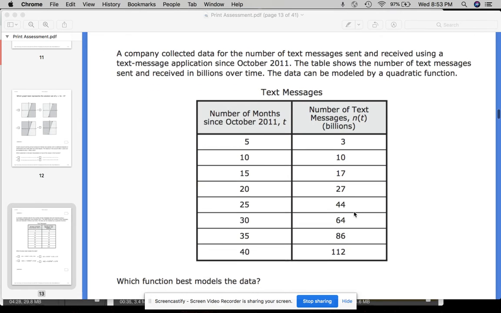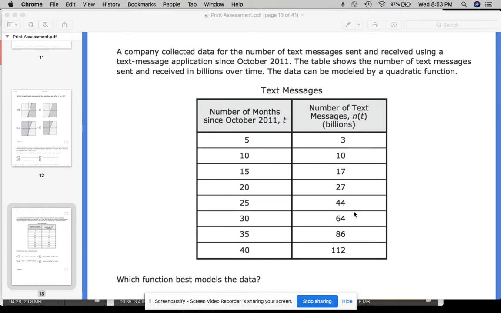Question 19. A company collected data for the number of text messages sent and received using a text message application since October 2011. The table shows the number of text messages sent and received in billions over time. The data can be modeled by a quadratic function.